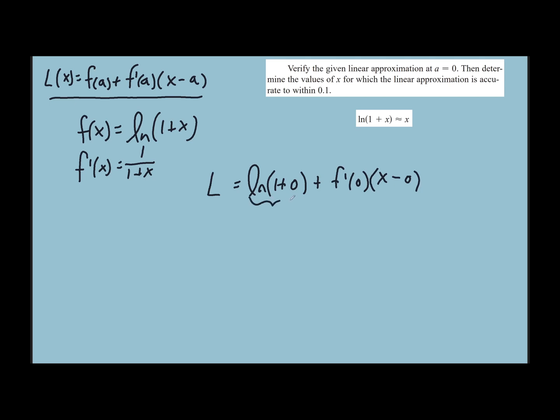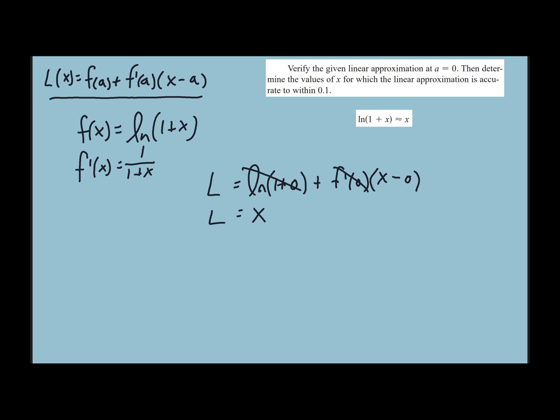I don't know if you know this, but natural log of 1 is nothing, so that's just out. And f prime of 0, so we put in 0 here, is just 1 over 1, so this is just 1. So that's gone, and that's x minus 0, so you literally get L equals x. So it's not just that they're kind of the same. It's that they are the same. Now that's only true when x is equal to 0. After that, they spread apart. I hope that makes sense.